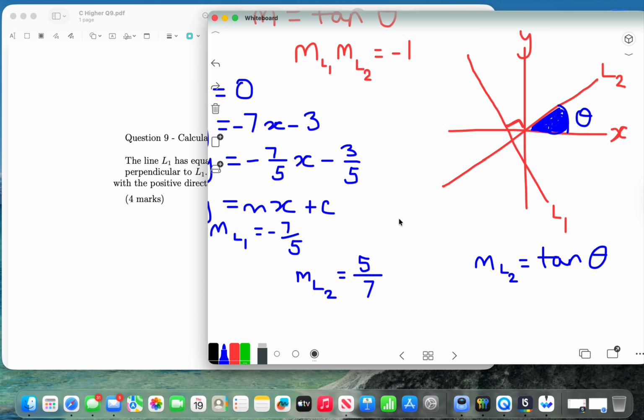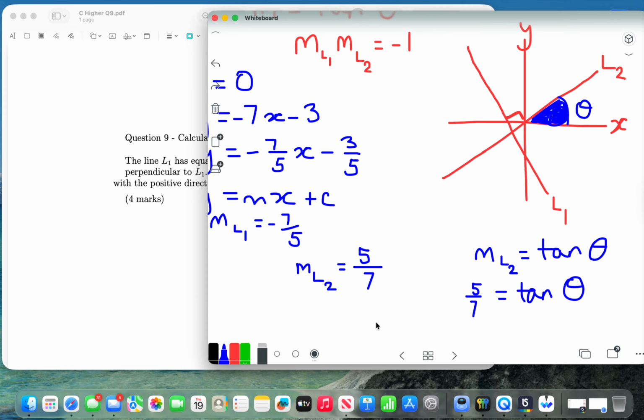So we have 5/7 equals tan of the angle, and if you take the inverse tan of 5 over 7, I would advise using degrees instead of radians in this one. And the angle we get is 35.5 degrees to 1 decimal place.